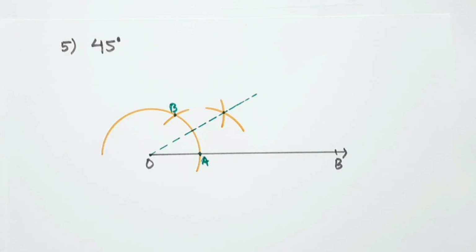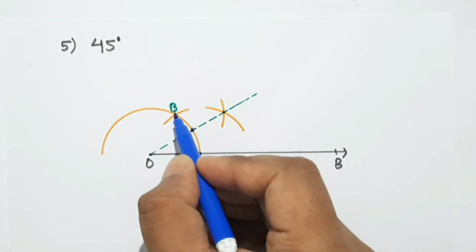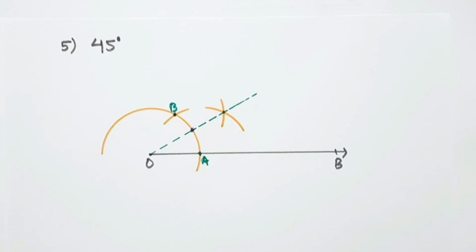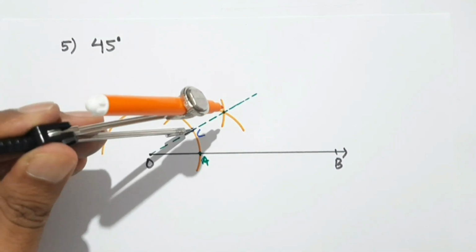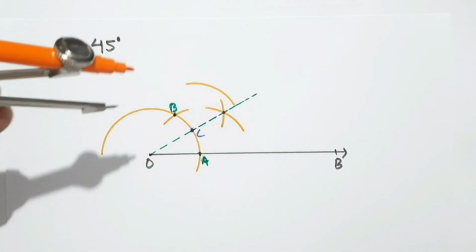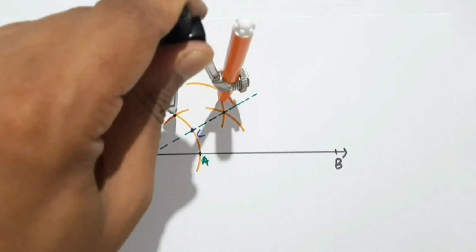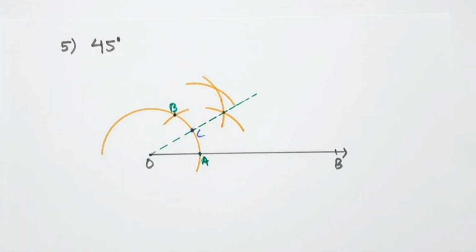Now for the 45-degree angle, we will take 2 points: one point here and another point is this point B only. I'll name this point as C. First we will take this point C and make one arc somewhere here, and again we will take point B and cut this arc here.